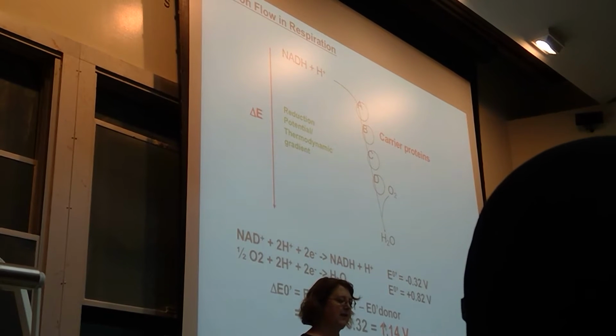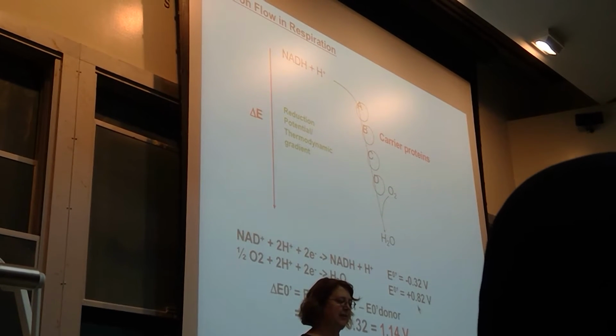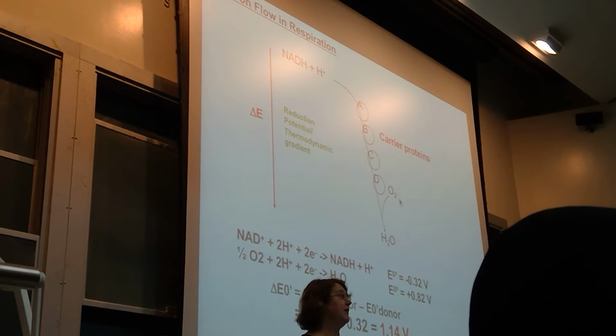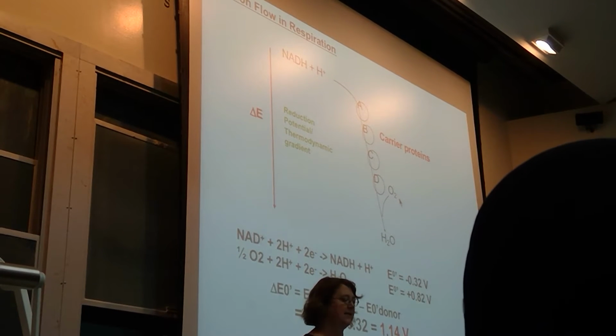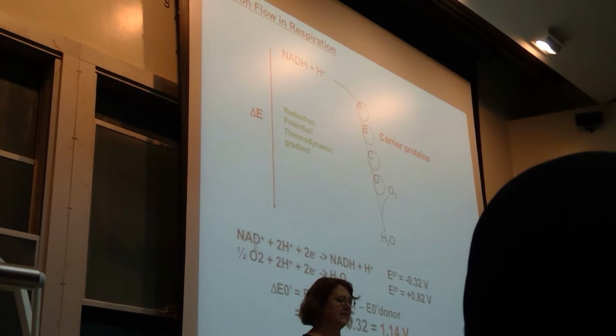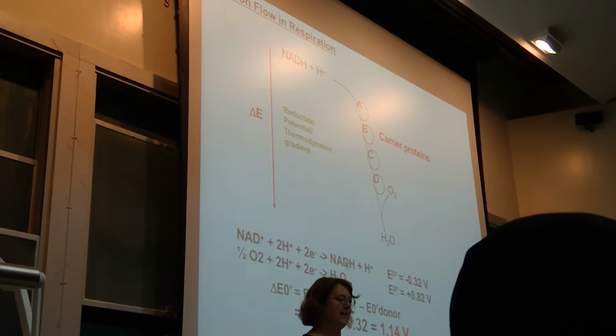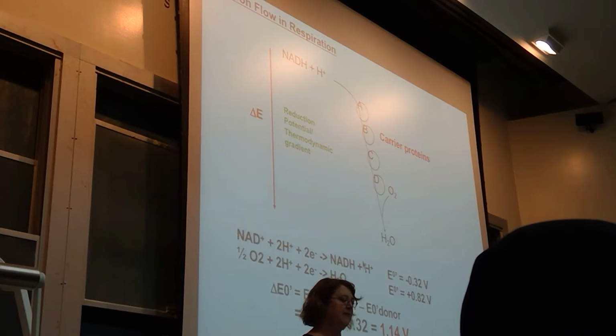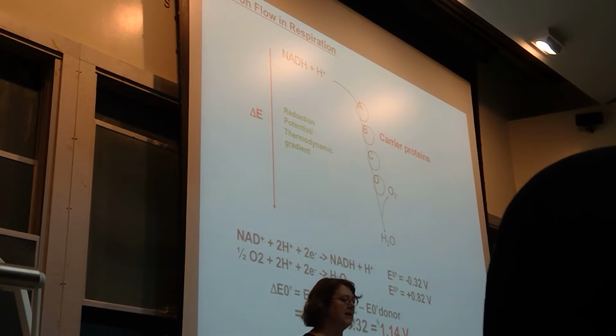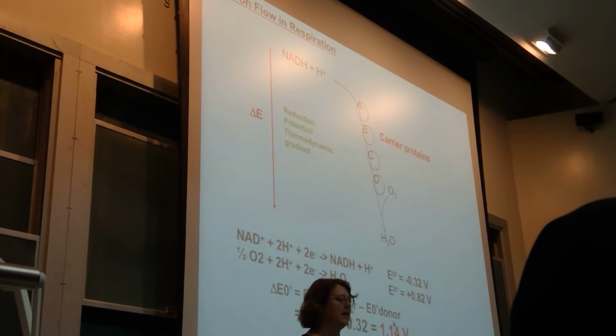So the acceptor is going to be the oxygen that's taking that final electron, and the donor is going to be the NADH. Because the donor is in the opposite direction, but by convention we write it this way, you always put minus the E of the donor.